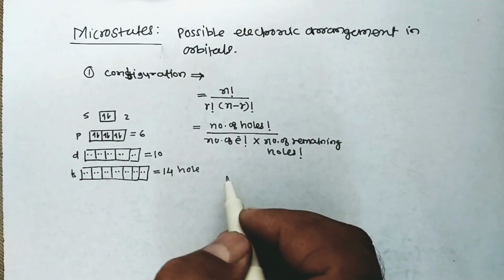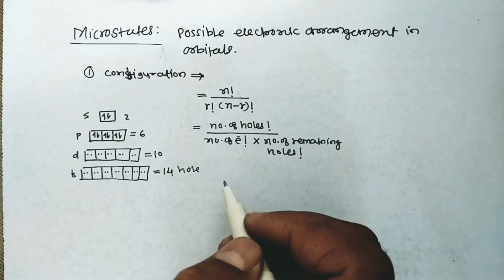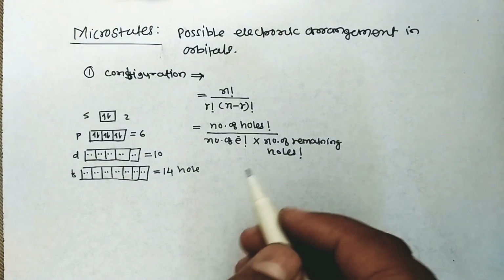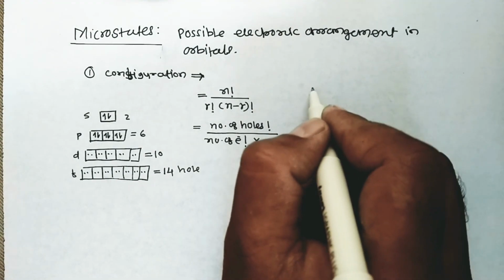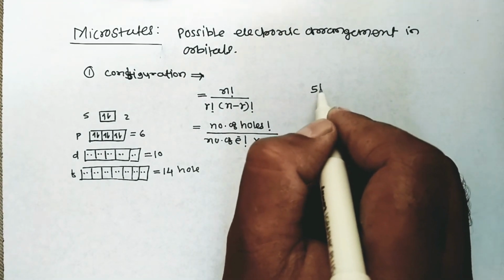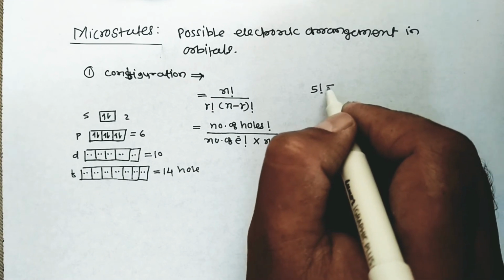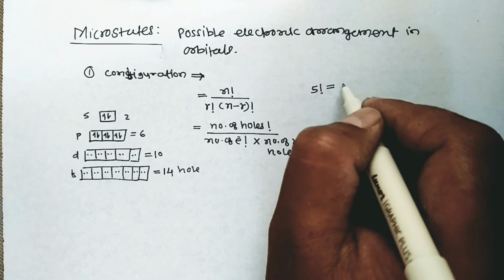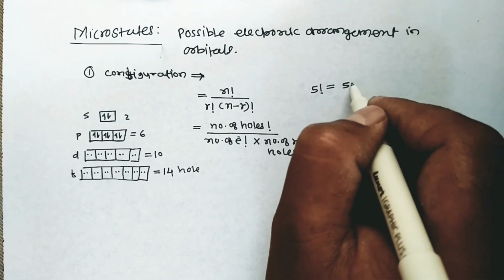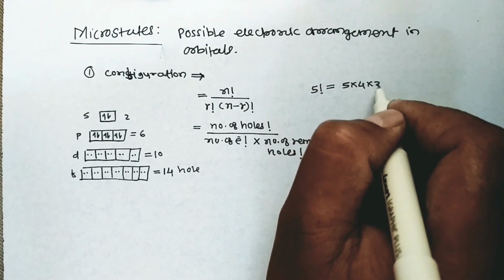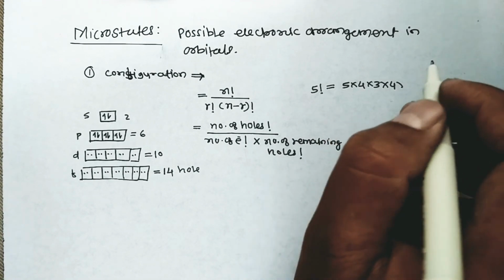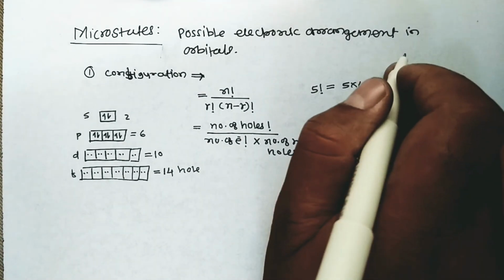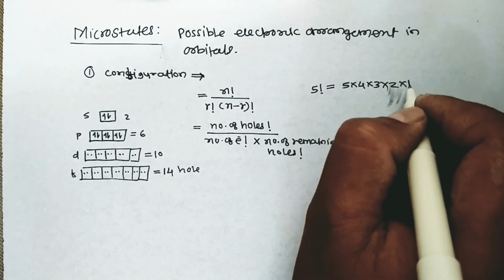The factorial is nothing but a mathematical calculation. Factorial means if there is 5 factorial, you multiply the numbers before 5, that is 5 into 4 into 3 into 2 into 1.